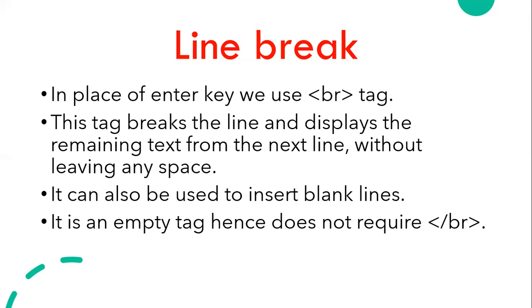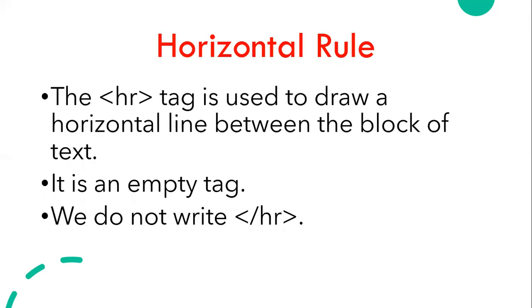Okay. Next, horizontal rule. The name itself specifies what the HR tag does. It draws a horizontal line. Wherever we give that tag, it draws a horizontal line between the blocks of text. That means it is used as a separator between the text.